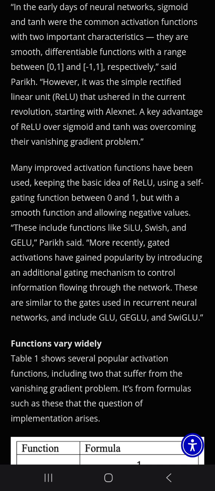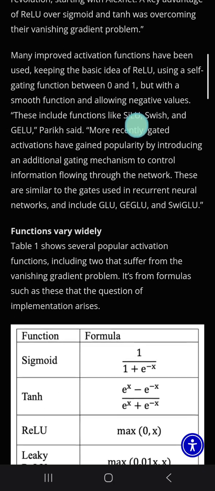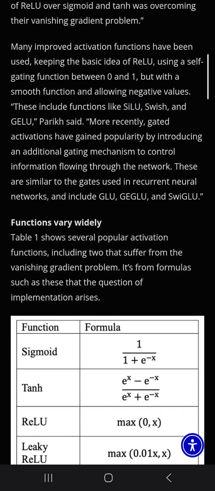More recently, gated activations have gained popularity by introducing an additional gating mechanism to control information flowing through the network. These are similar to the gates used in recurrent neural networks and include GLU, GEGLU, and SwiGLU.